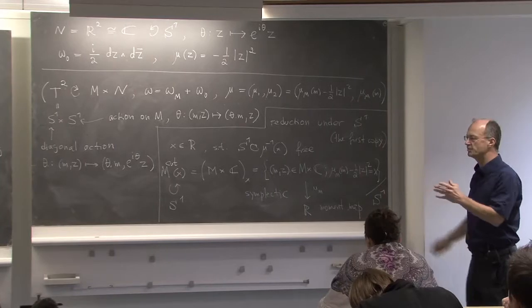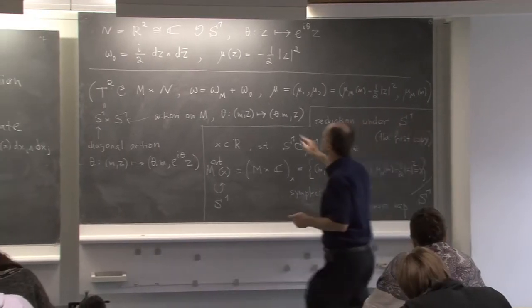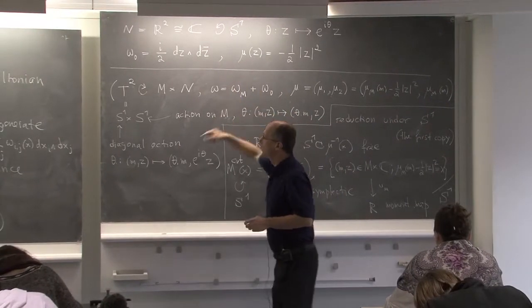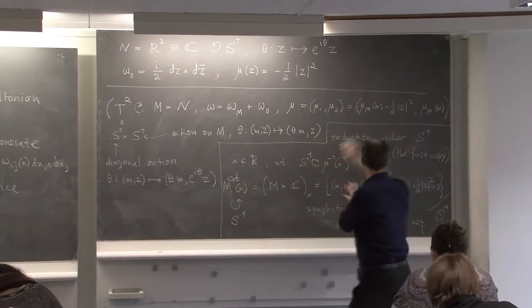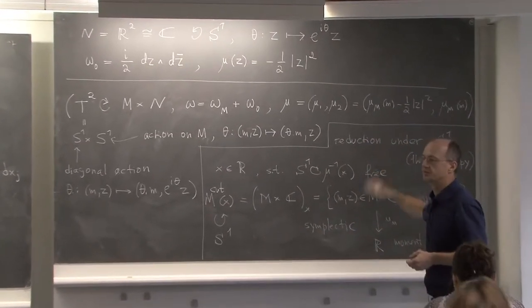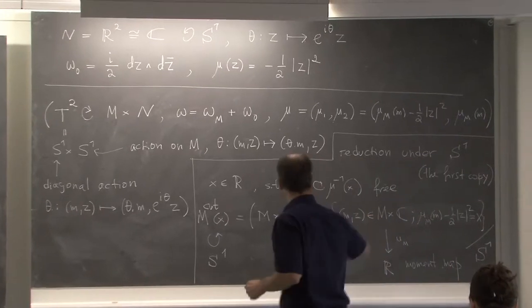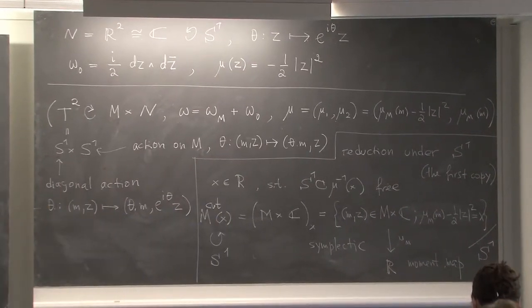So we basically built some kind of machinery which, given one Hamiltonian S1 space, produces for you many of them with a parameter. So let's check that it actually works.